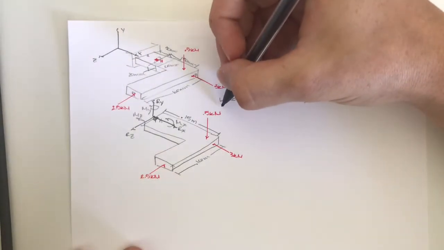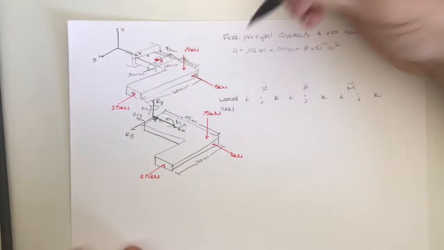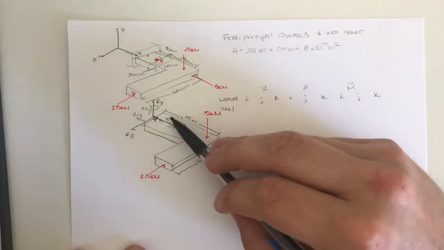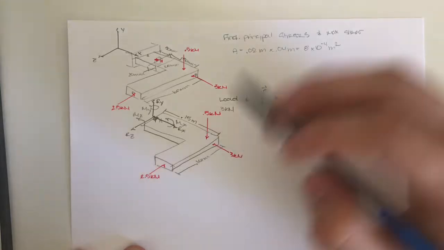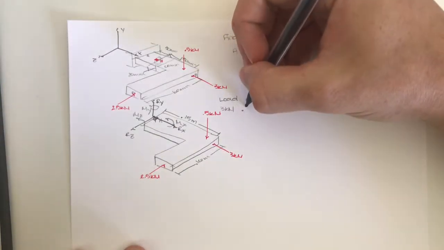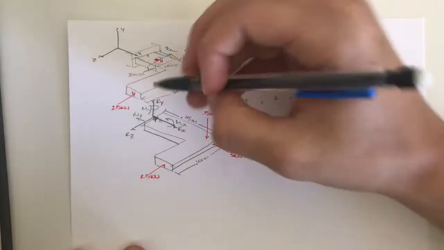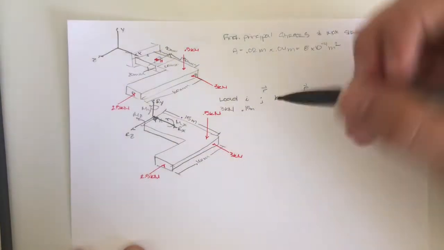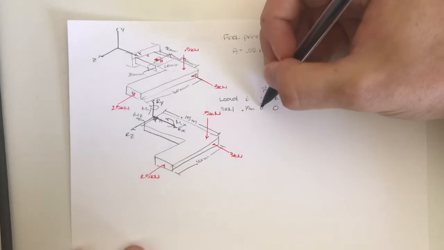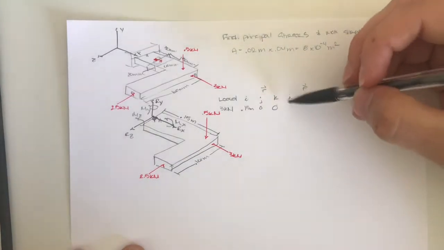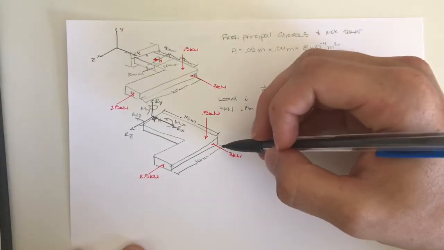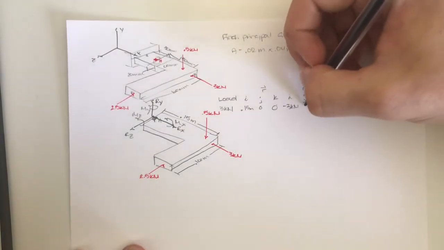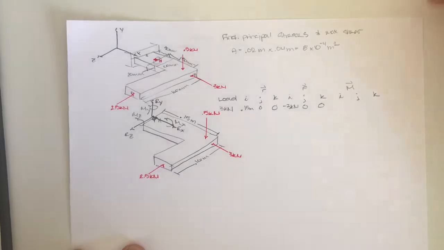The first load I'm going to analyze is the 3 kilonewton load. The position for this is 0.15 meters in the positive x direction, and it doesn't move in the z nor the y, so that's 0 and 0 for j and k. The force is in the negative x direction, so that's negative 3 kilonewtons, 0, and 0.